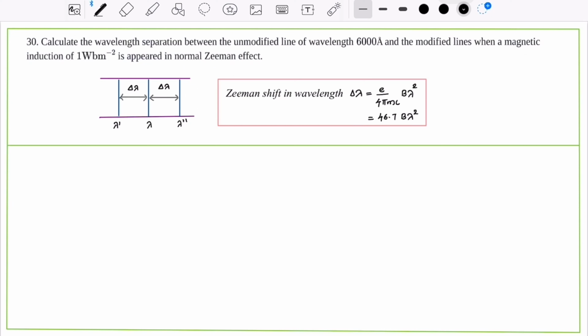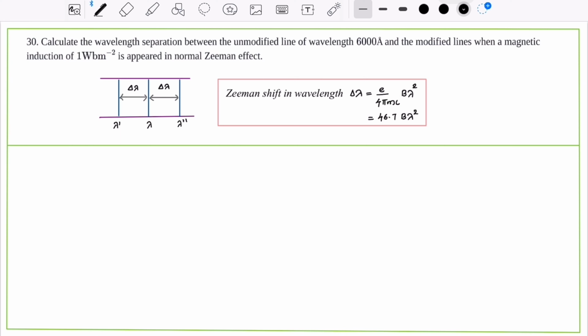The next question is, calculate the wavelength separation between the unmodified line of wavelength 6000 angstrom and the modified lines when a magnetic induction of 1 Weber per meter square is applied in normal Zeeman effect.